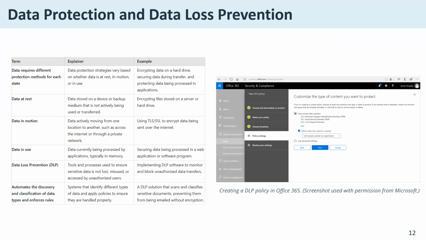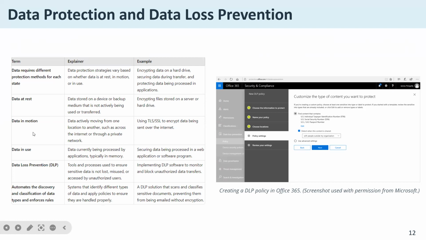Now we have different states of data. So we have data at rest, data in motion, data in use, right? I've explained these three concepts earlier on. Once you have data in your backup or your drive that is not being used or transferred, you call that data at rest. So what you can do is to encrypt.